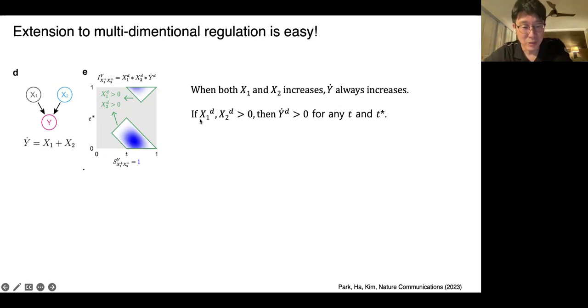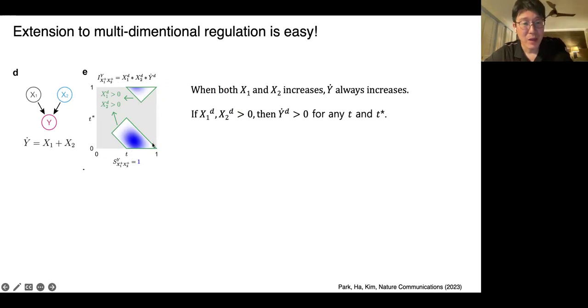That means if the x1 difference and x2 difference are positive, then the y dot difference should be positive. So our regulation detection function is x1d times x2d times y dot d. You can see that this multiplication is always positive.